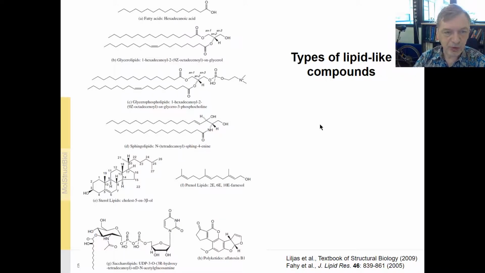As I told you, lipids are highly diverse. You know that from the biochemistry 101. Here you see some excerpt. Besides the normal lipids like the glycerolipids, also some more complex lipids like lipids which are highly modified by glycan chains. We see also lipids which are derived from isoprenoids, or we have here also compounds like the highly toxic aflatoxin B1, which is formed by fungi.